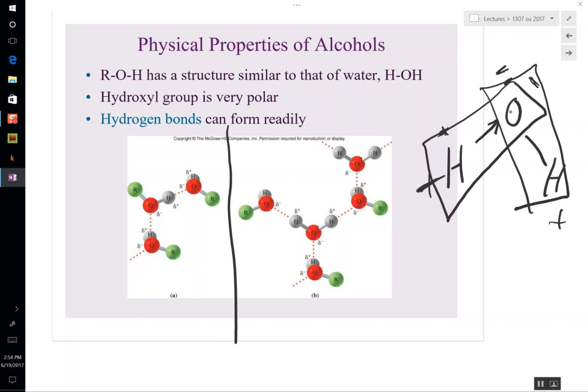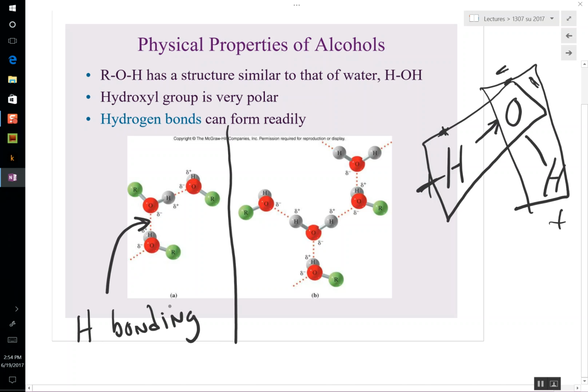All right, so here's the alcohol. The hydrogen on the OH is attracted to the oxygen on another alcohol molecule. The oxygen is attracted to that hydrogen. This is hydrogen bonding. It is not a covalent bond.